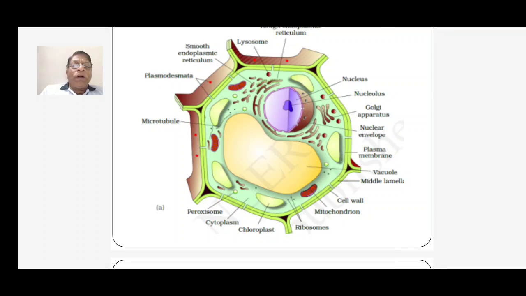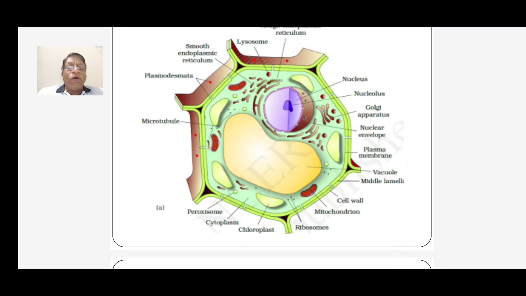Within the cytoplasm, we come across the various cell organelles, the living inclusions of cell called cell organelles. All these cell organelles have the membrane.